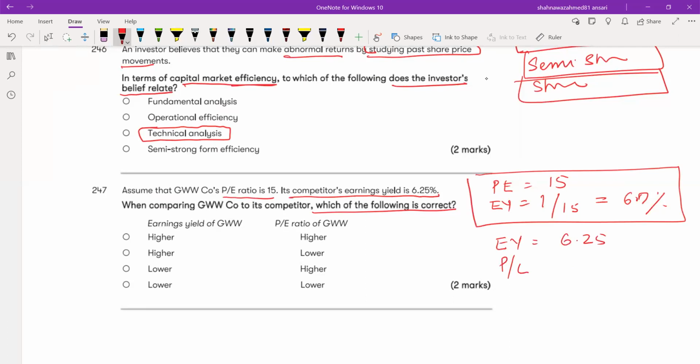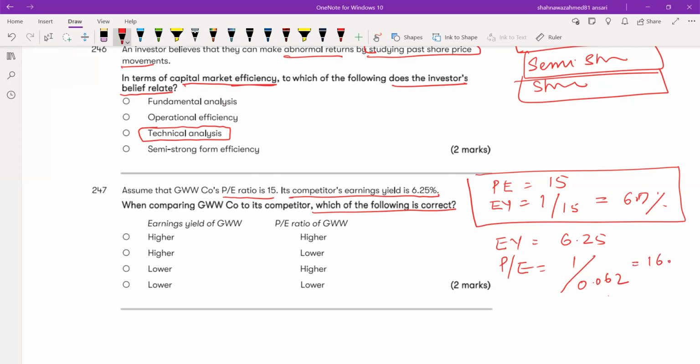We can find out the PE of the competitor: 1 divided by 0.0625, which is 16. So the PE is 16.